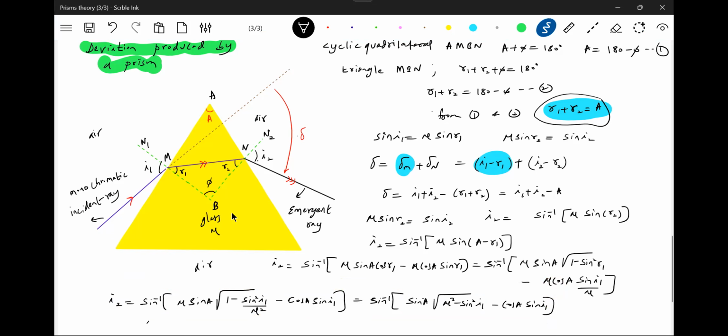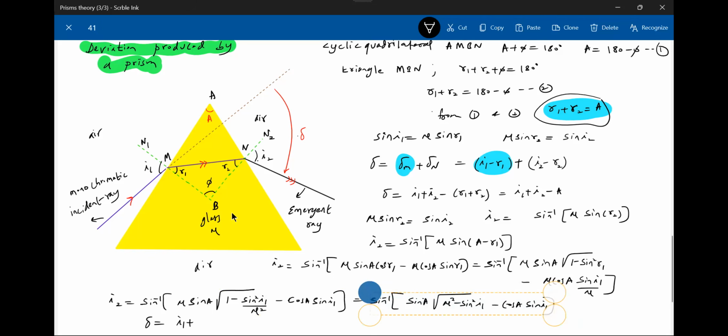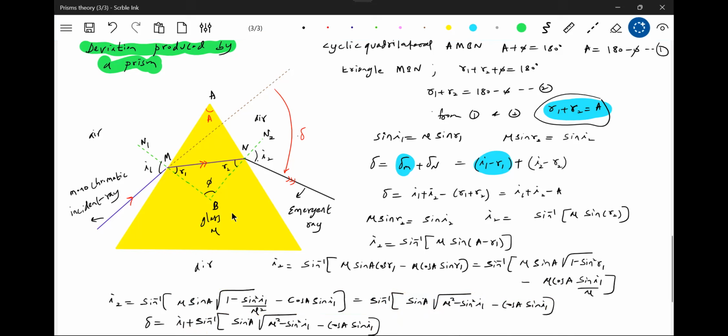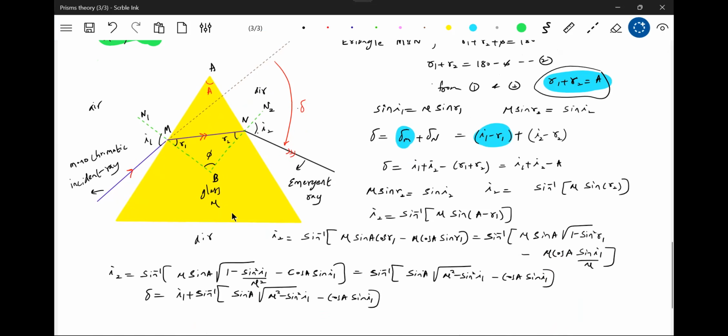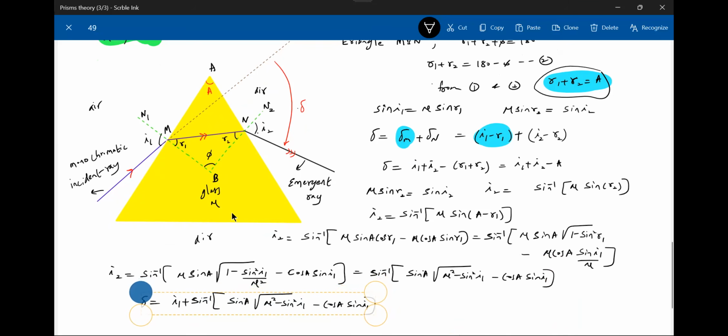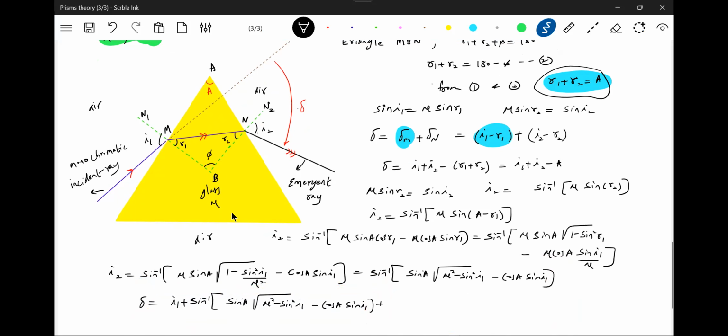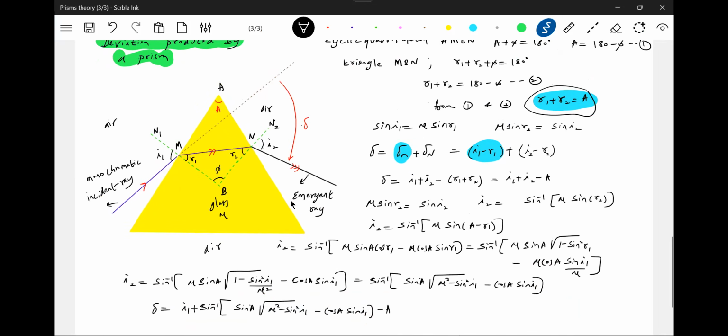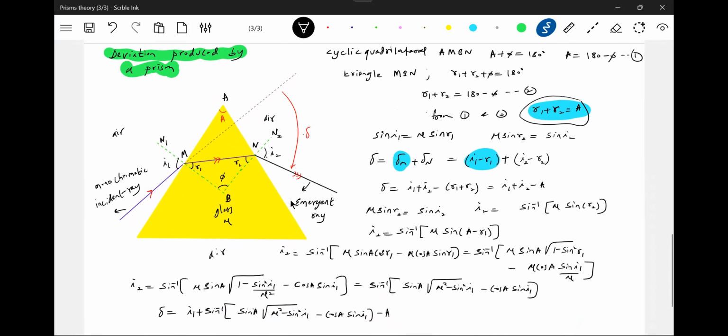So the net expression for the deviation should be equal to I1 plus I2 minus A, with I2 given by this. Okay, this is the expression for the deviation suffered by the incident ray due to the presence of the prism. I'm showing it completely now.